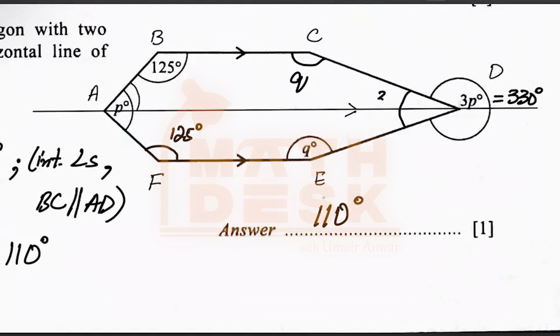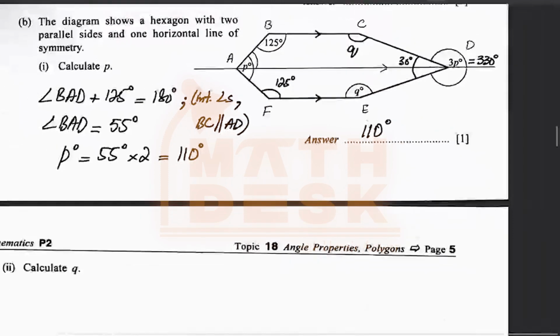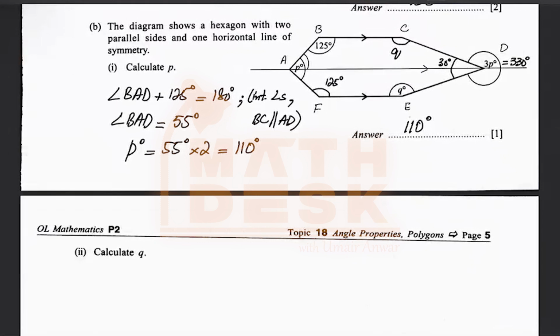Now, the sum of all the angles of a hexagon, which is 110, 125 plus Q plus 30 plus Q plus 125, should be equal to 6 minus 2 times 180 degrees.